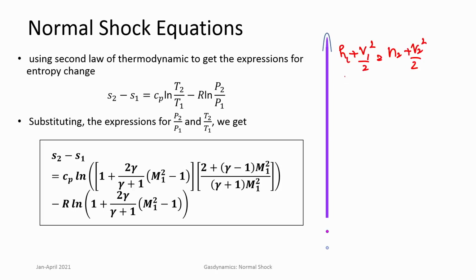Total enthalpy h naught remains a constant. So for a calorically perfect gas, T naught does not change, T naught is a constant. This is a very important idea, that T naught remains constant across a normal shock. This is for a standing, stationary normal shock in a supersonic flow. This is what we are analyzing.